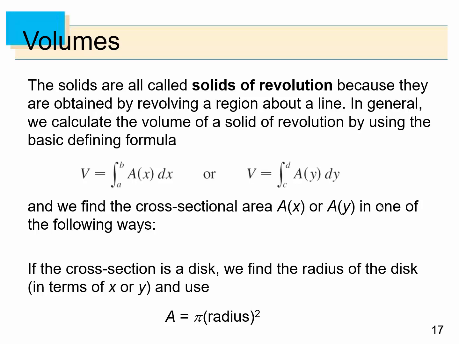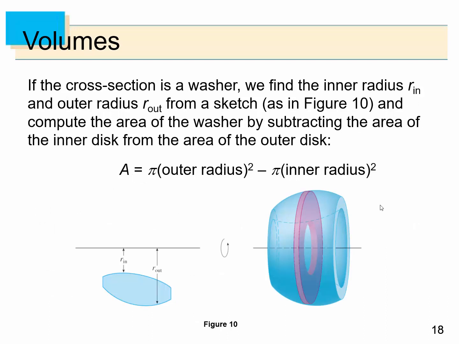Now, if the cross section is a disk, which oftentimes it is when you spin something and then you slice it, you're just going to get a circular disk, right? Then all you have to do is find the radius, and it's some sort of formula in terms of x or y that defines that radius, square it, multiply it by pi, and there you have the area of each disk. If it's a washer, right, sometimes you'll take a shape like this and you'll rotate it around this line. So as you rotate it, you'll have this center area where there is no shape, right?